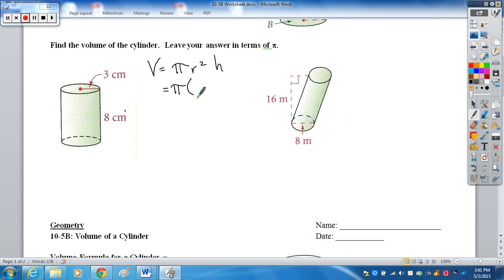If I just plug in the information that I'm given, here's my radius, here's my height, I should be able to go ahead and figure out this answer in terms of pi. If I square 3, I get 9 times 8, which is 72. The answer of this volume of this cylinder is going to be 72 pi cubic centimeters, okay? Cubic centimeters there.